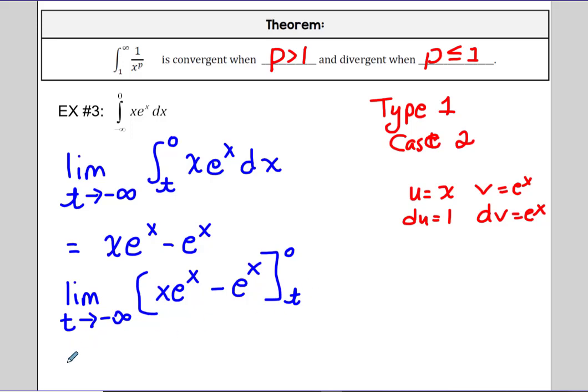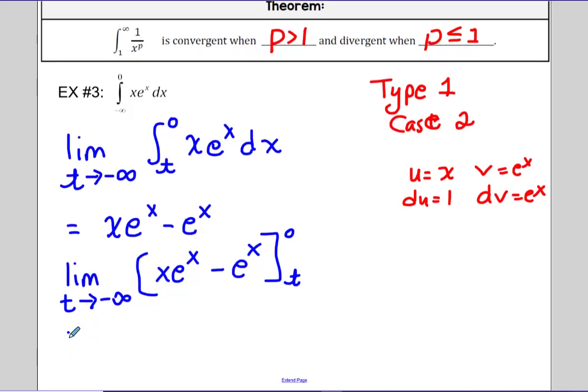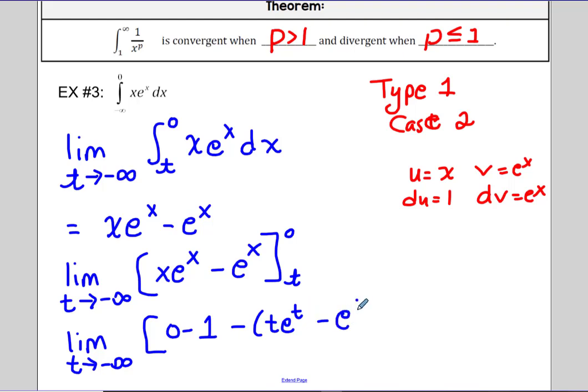So we'll evaluate this, and then the limit would come last. So the limit as t approaches negative infinity. We've got 0 minus e to the 0, and then minus, substituting t, t e to the t minus e to the t.